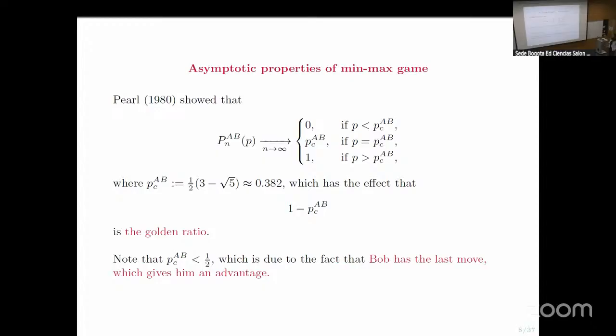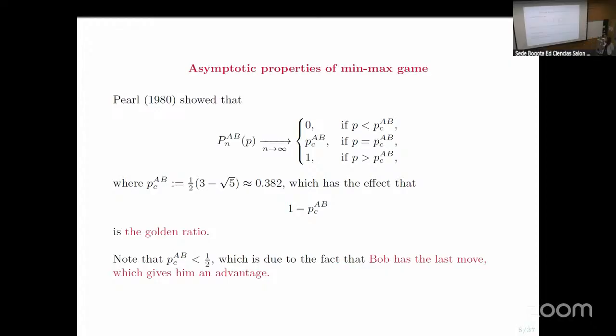This game was studied by Peres in the 80s, and he showed the following. When n goes to infinity, the probability that Bob has a winning strategy goes to 0 if you start below this critical value. That means that if you start with P less than this critical value, Alice is going to have a winning strategy with high probability if the number of moves is large. If you start the game with P a little higher than this critical value, then Bob can guarantee victory with high probability when n is large.